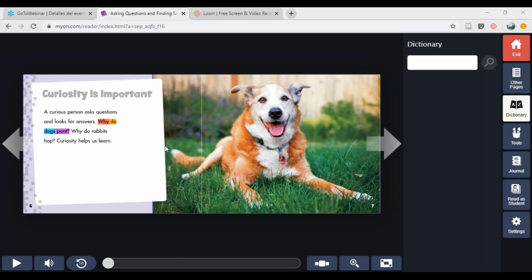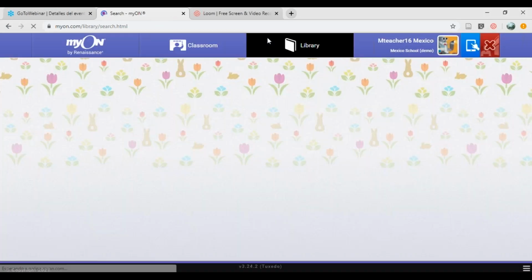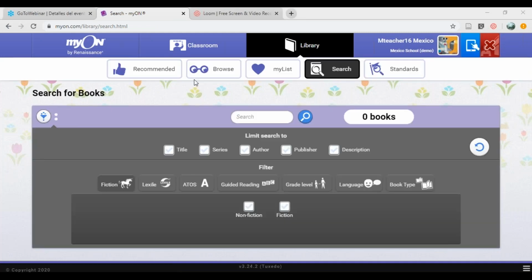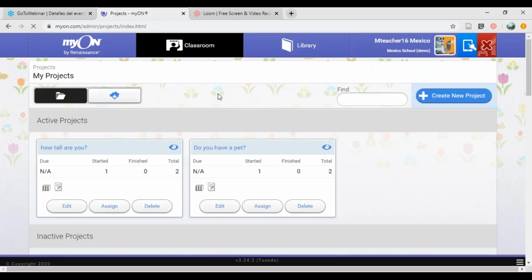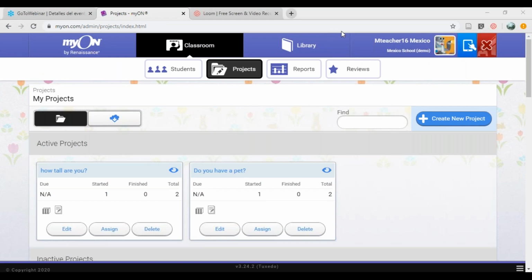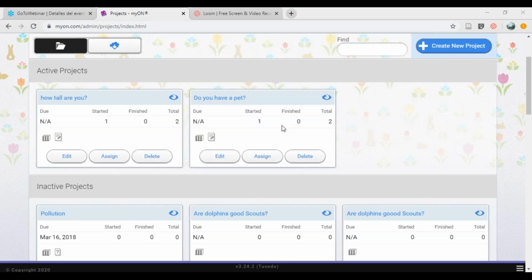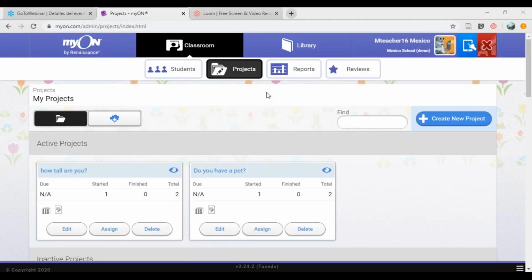Okay, let's see. I am going to click on exit. And of course, I will go to classroom. I will go to projects. I know the book that I want to use because I previously searched for the book, but of course, if you don't know, you can start a project from scratch.